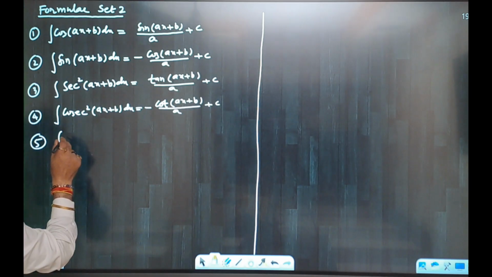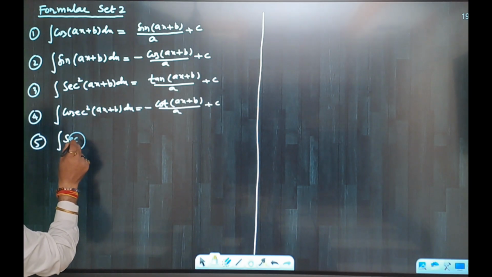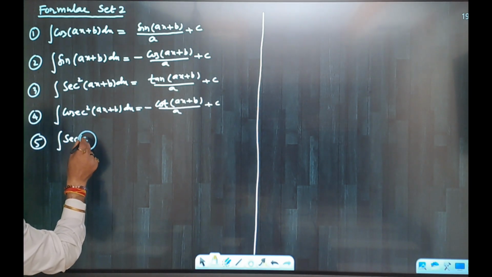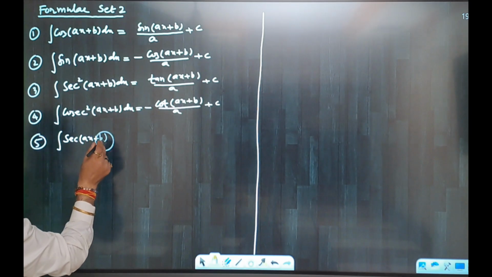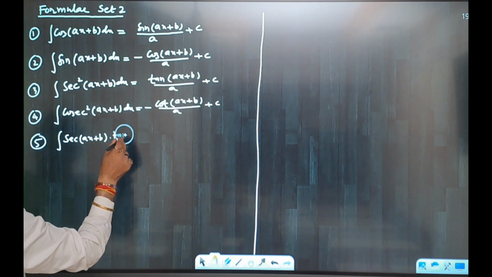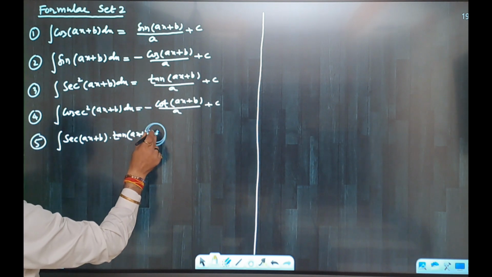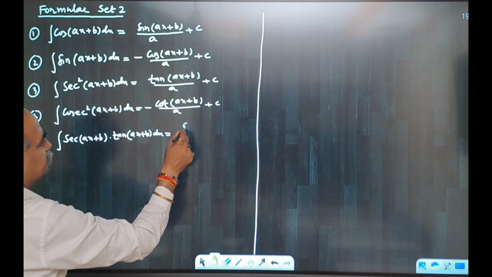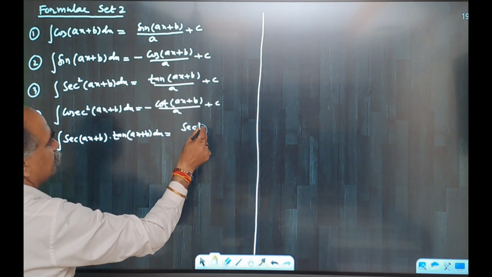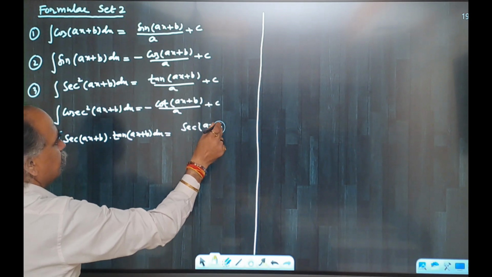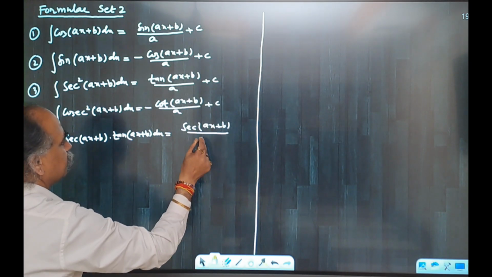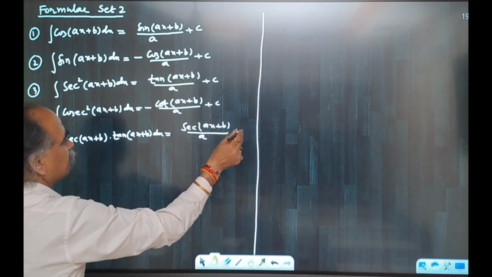Integral sec tan, that is sec ax plus b into tan ax plus b is equal to sec ax plus b upon a plus c.